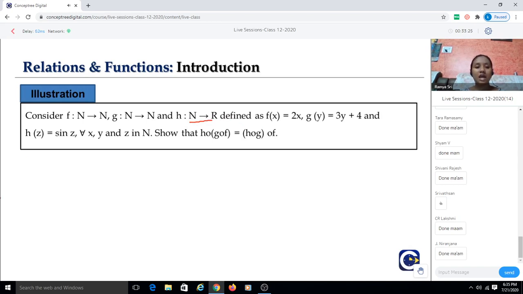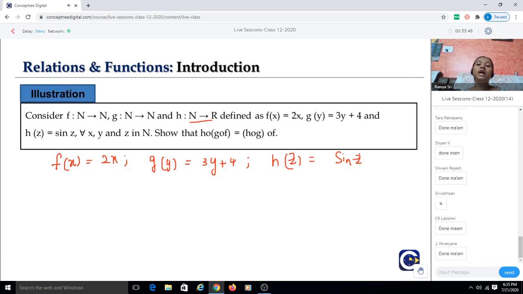The function f of x is given as 2x, the function g of y is given as 3y plus 4, and the third function h of z is equal to sine z.